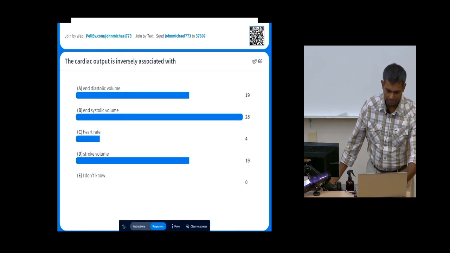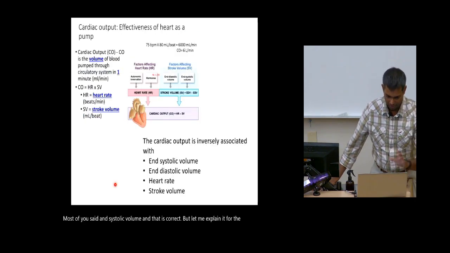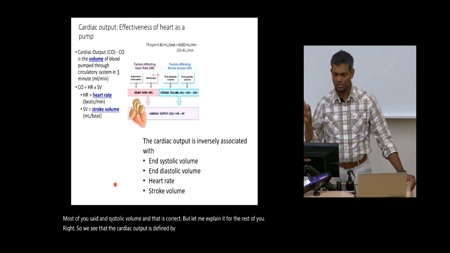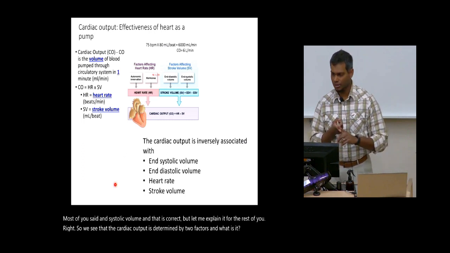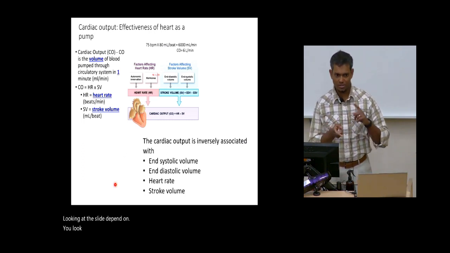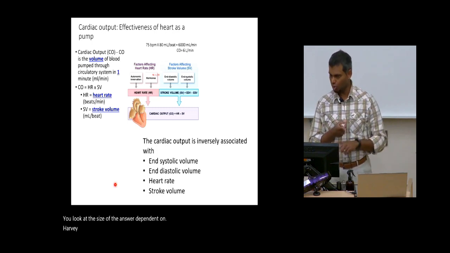Okay, most of you said end systolic volume, and that is correct, but let me explain it for the rest of you, right? So we see that the cardiac output is determined by two factors, right? Looking at the slide, it is dependent on heart rate and stroke volume, right?